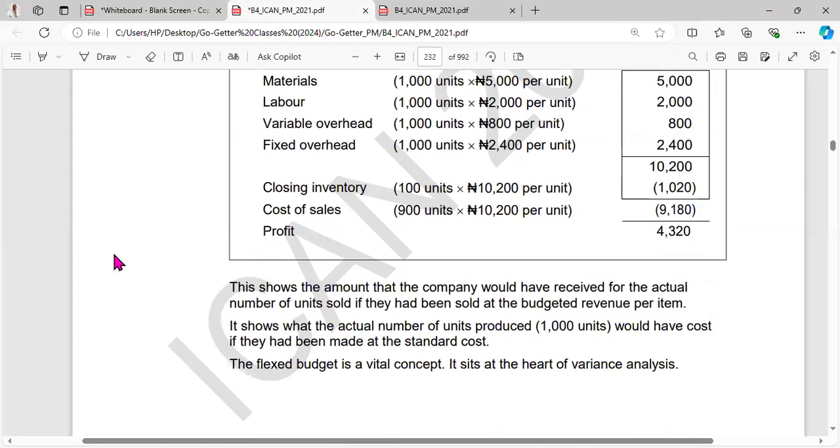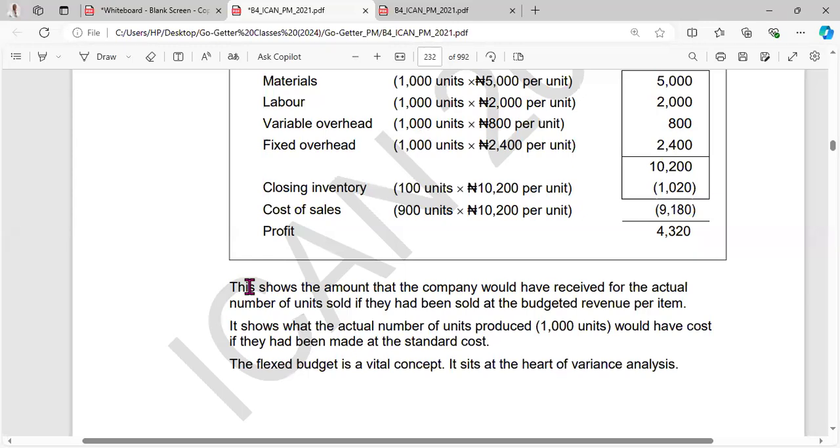This shows that the amount the company would have received for the actual number of units sold had they sold at the budgeted revenue per item is going to be this. So this is what profit we are supposed to make. But did we actually make the profit? Then there is a need to know what happened.